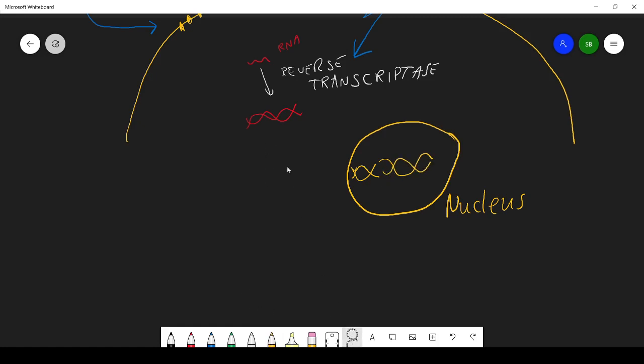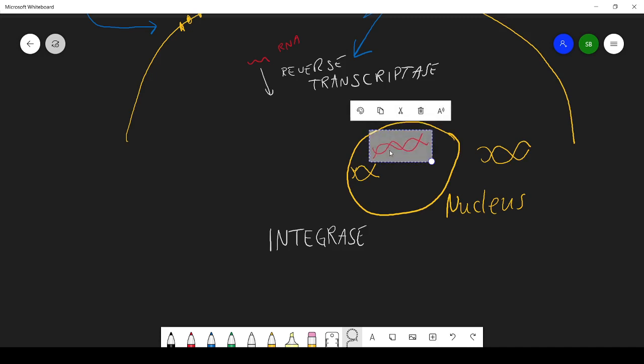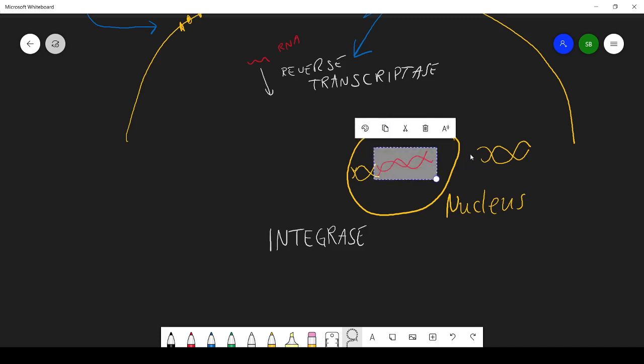So the newly synthesized viral DNA gets into the nucleus, and then it deploys an enzyme called an integrase. What the integrase does is it integrates the viral DNA into the host genome, effectively merges it in, so effectively changes our genome.